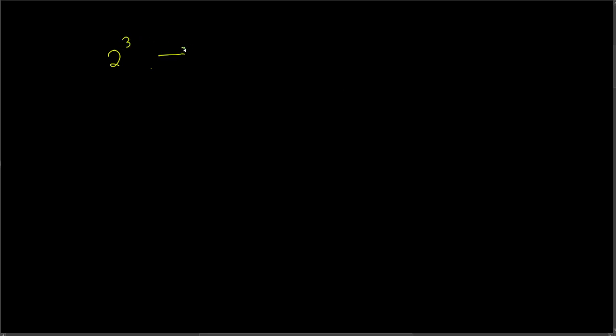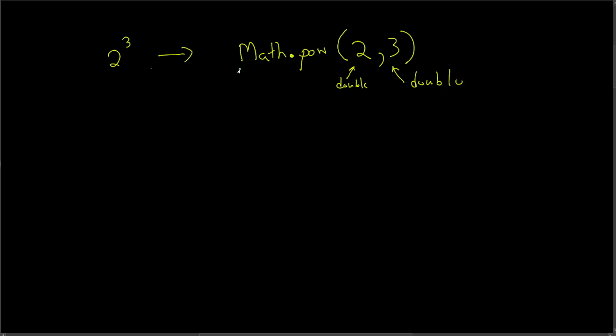In Java, we would have to use the Math library and the method inside of it called pow. And it's going to ask for the base and then the power. Now, when we go into Eclipse, we'll have Eclipse show us what this takes. Math.pow wants this to be a double and this to be a double. So it'll read it as doubles, and it outputs a double.